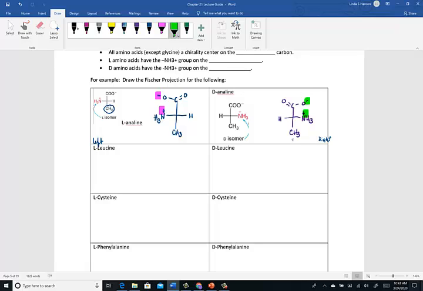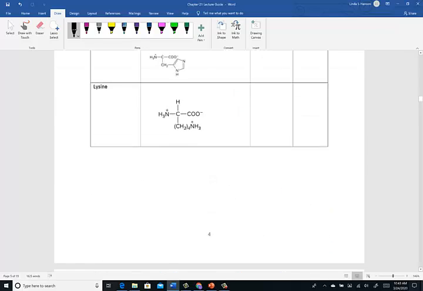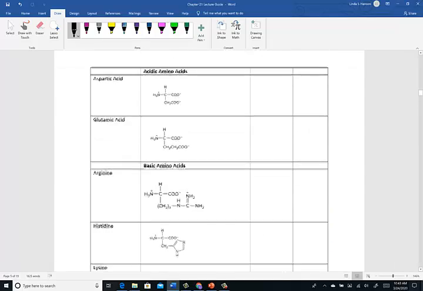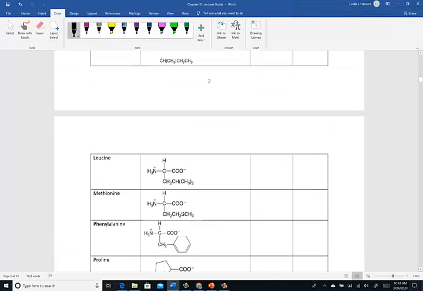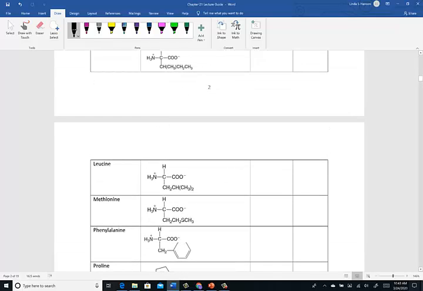Let's try another. Let's draw the Fisher projection in the L and the D enantiomer for leucine. Well, what does that mean? How do I go about starting this? Well, the first thing, I need my tool page, and I need to find leucine to identify the R group. And so this is the nice part of having this all in your notes.